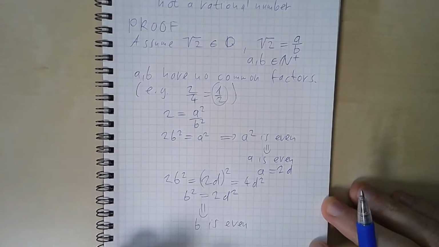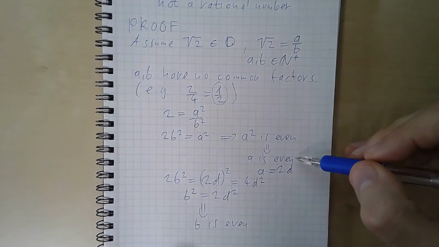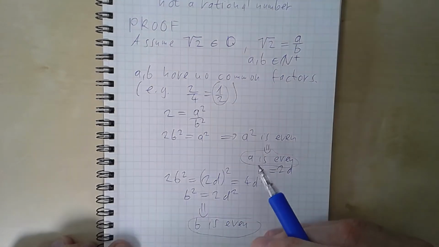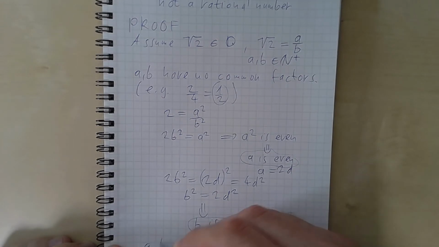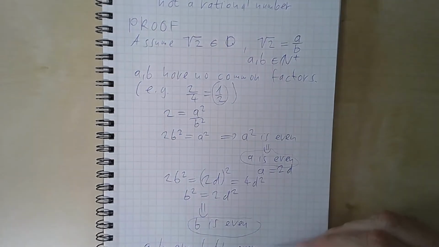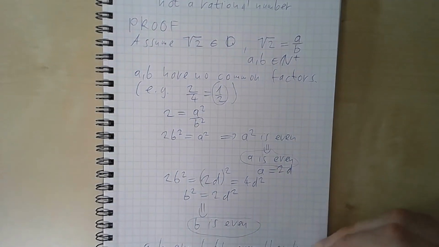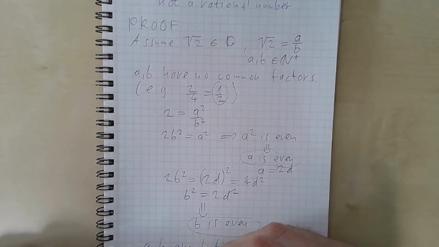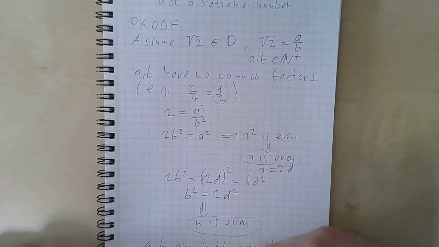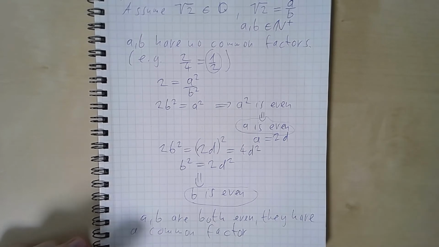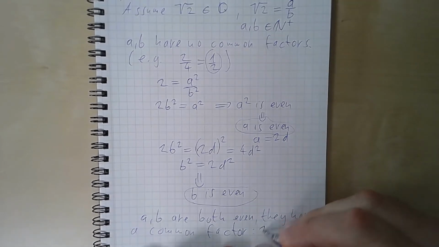Okay, and now let's just put this together. a is even and b is even. So what we can conclude is that a and b are both even. So then they have a common factor, namely 2.